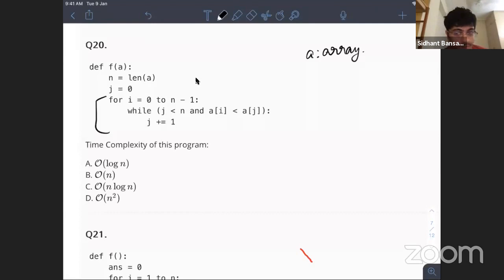Okay, so we have some people saying n square, some people saying n. Let's see more people answering first. Just give it a minute or two, try to think about what the complexity should be, and put it on the chat.